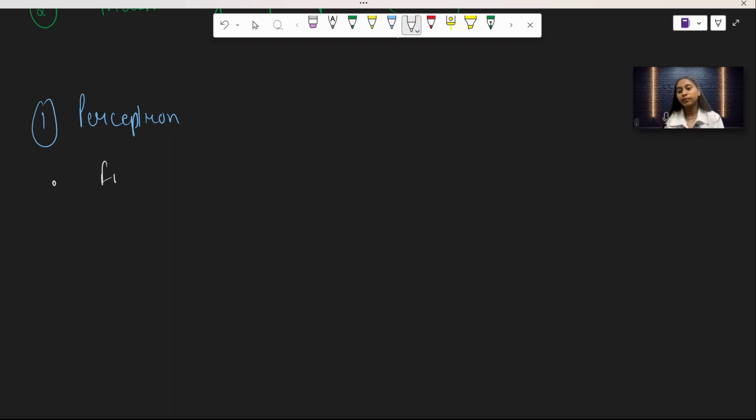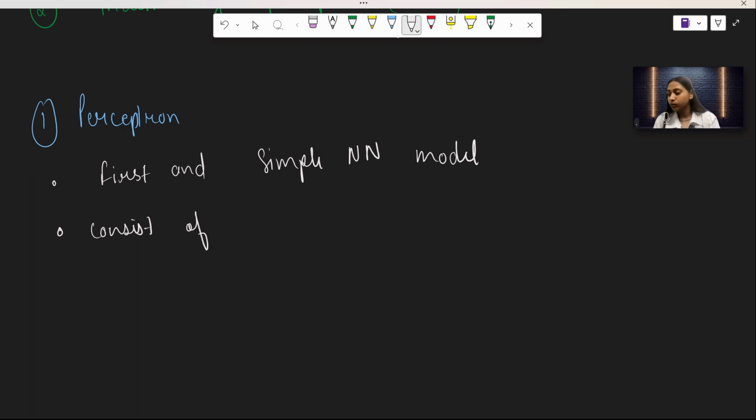It is the first and simplest neural network model that was introduced to us, and it consists of a single layer of neurons.